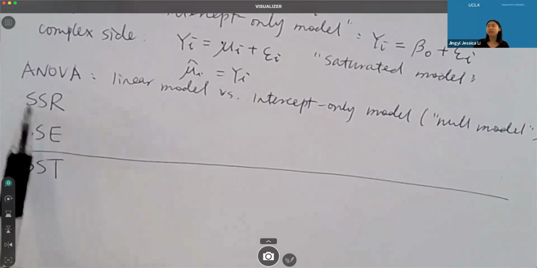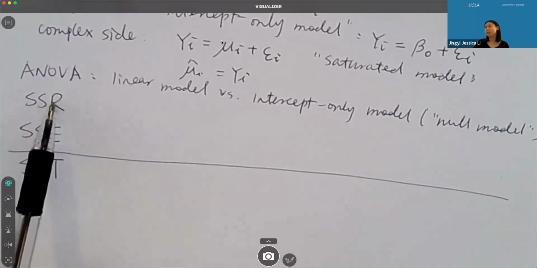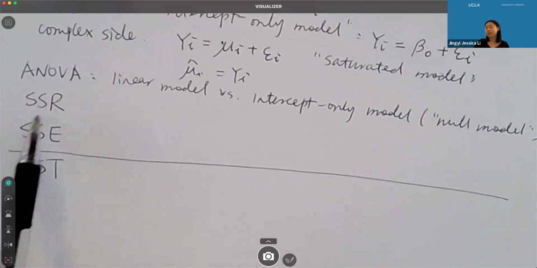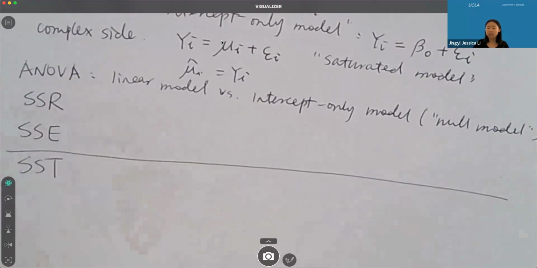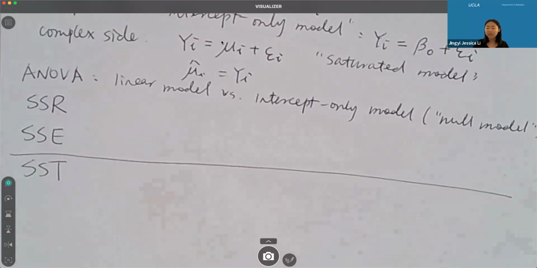If SSR is big, I think the model is informative and doing well. If SSE is big, I think the model doesn't fit well. So that's the intuition. But to compare these two quantities, we actually need to standardize SSR and SSE because they have different degrees of freedom. And that's the key thing.